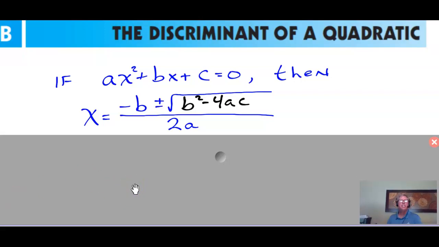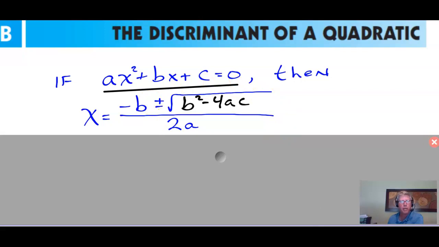Today is the discriminant of a quadratic. We have worked hard looking at a quadratic in standard form, and we certainly know that we could complete the square, get x by itself, and get the roots.